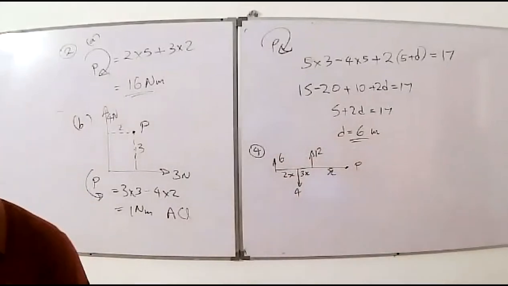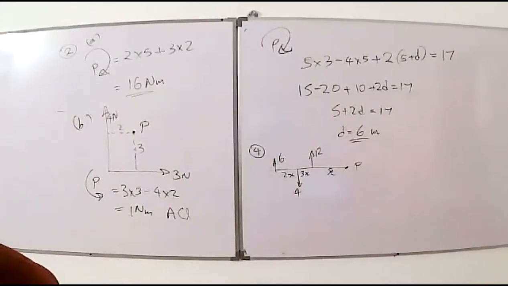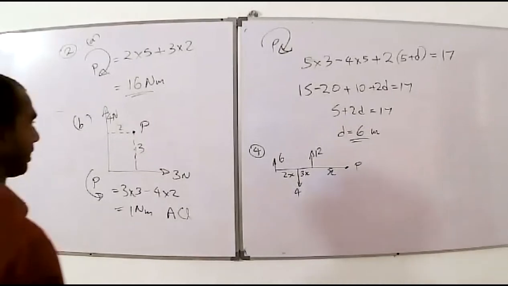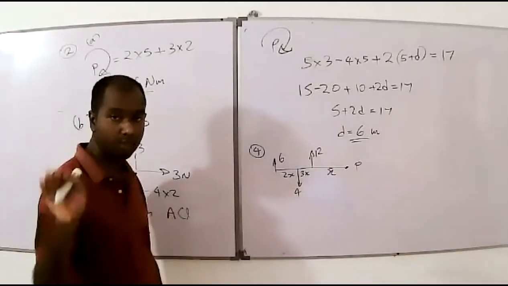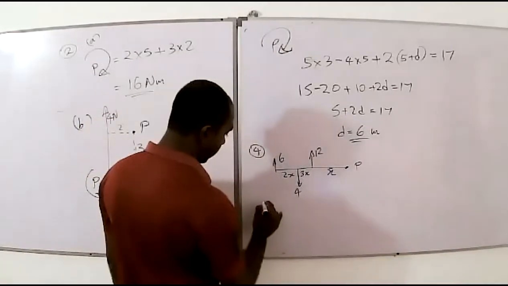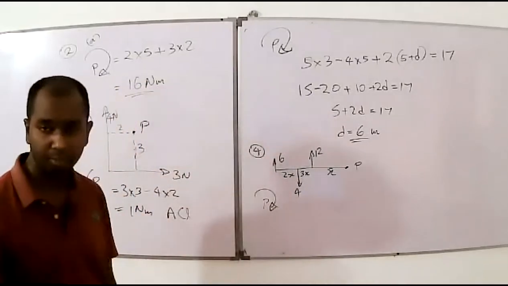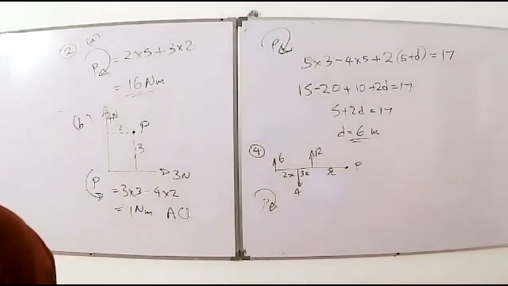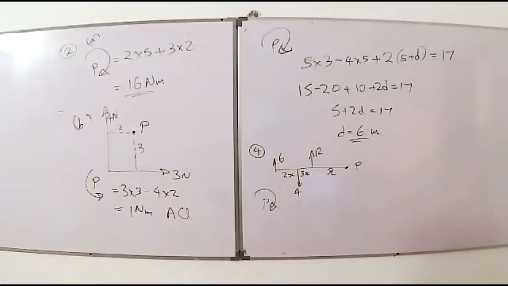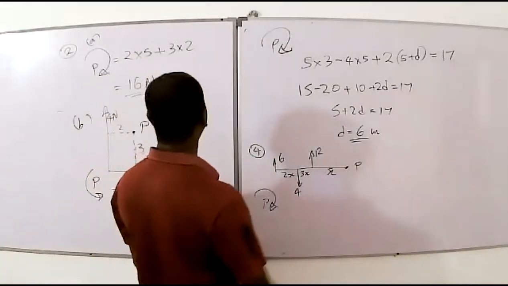Okay, very similar question to question number 3. What you have to do? Resultant moment, they are talking, it is 12.8. Find the value of x. And this 12.8 is again clockwise. So if you calculate around P in this direction, all the total moment is going to be equal to 12.8. Very similar to question number 3.